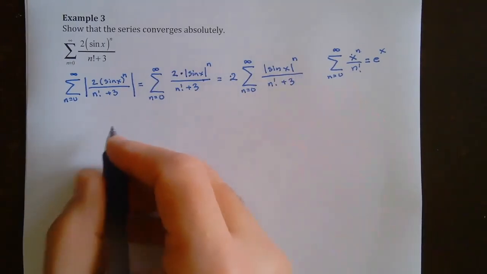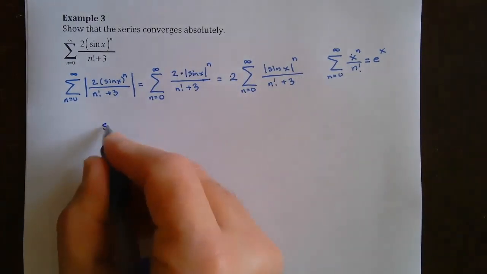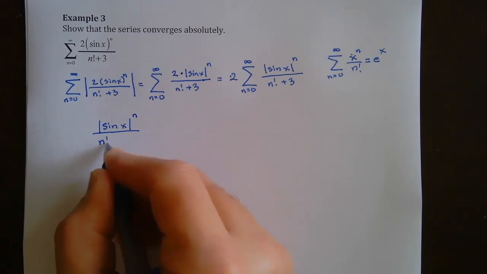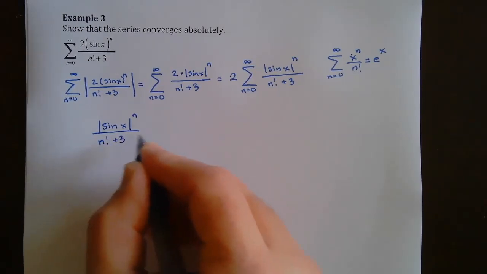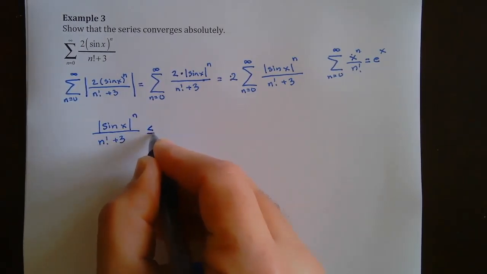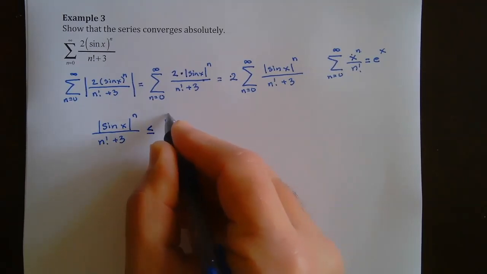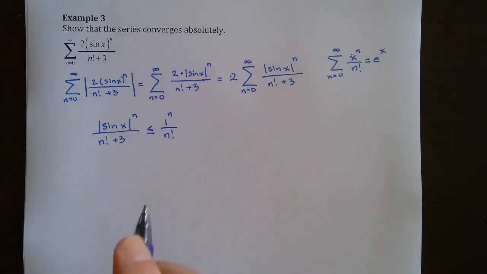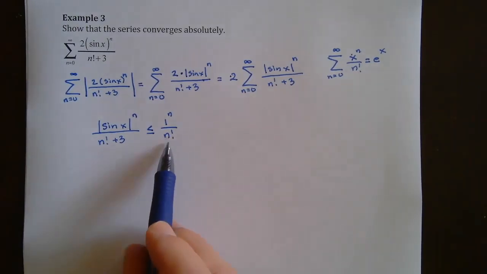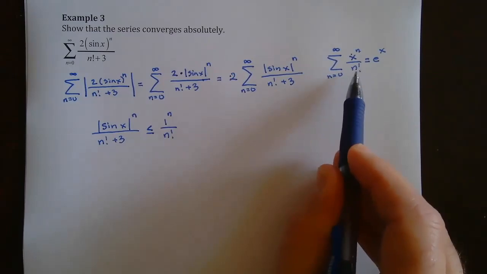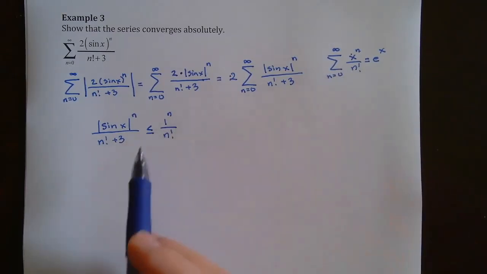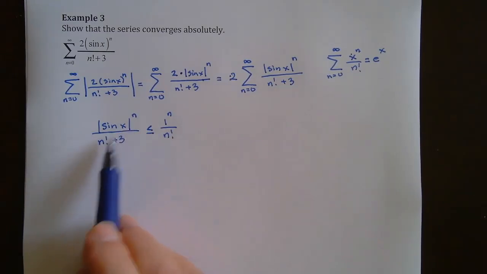So if I look at the absolute value of sine of x raised to the n power over n factorial plus 3, I know that that is always going to be less than 1 to the n over n factorial. Now, what's great about this? I know this one converges because of this idea up here, because in the x spot is 1. So this is always going to be true.